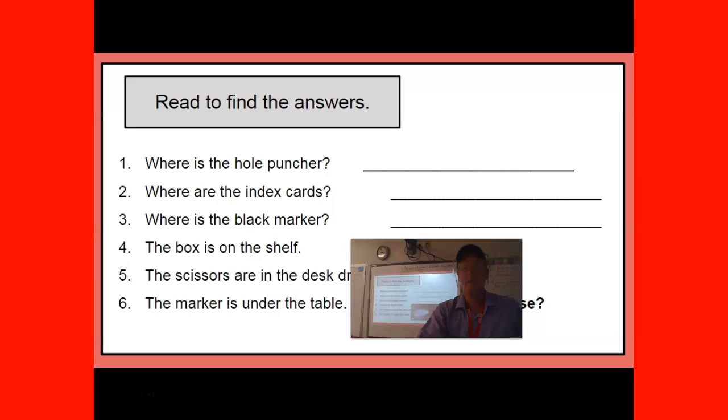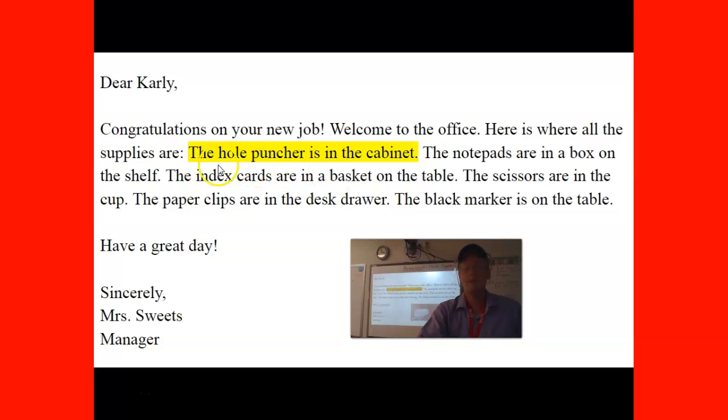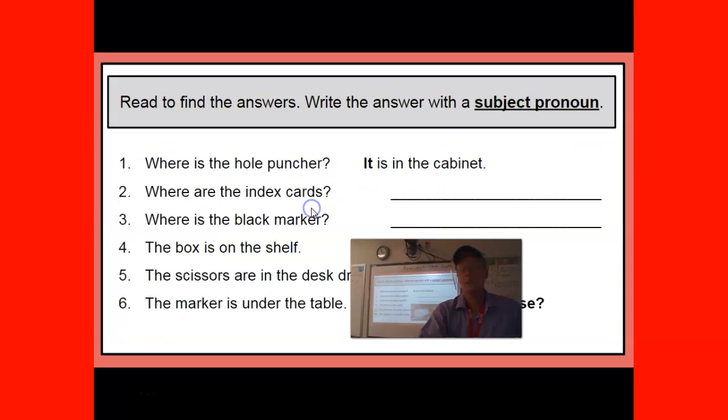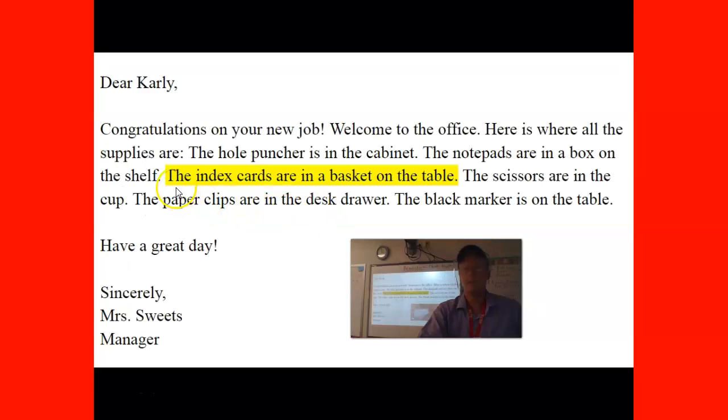So now, where is the hole punch? You see that? It is in the cabinet. Yep. Where is it? Where are the index cards? Uh-huh.